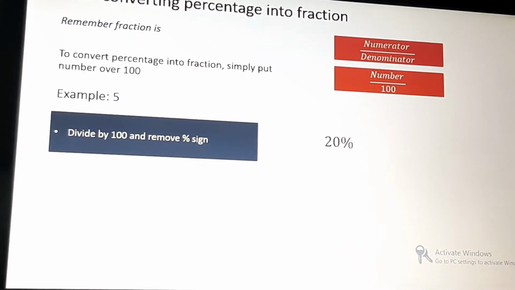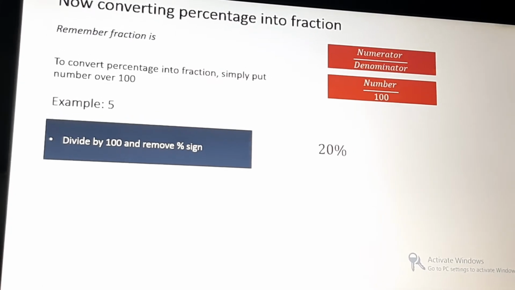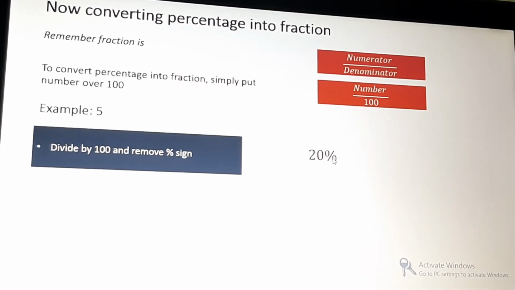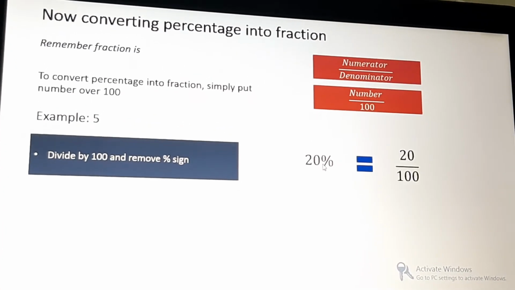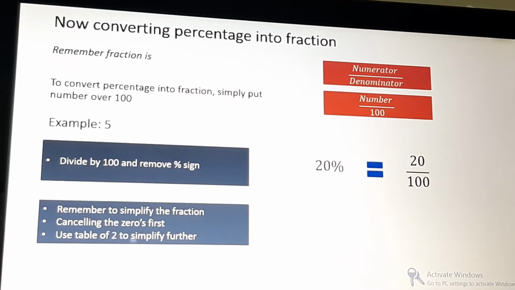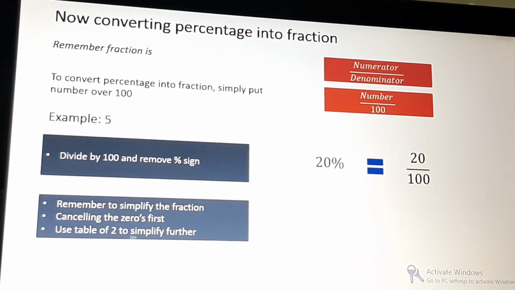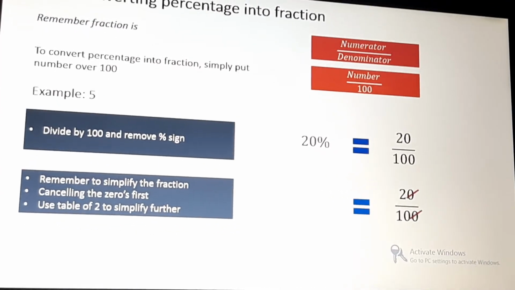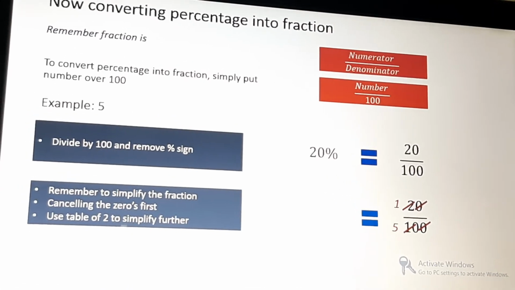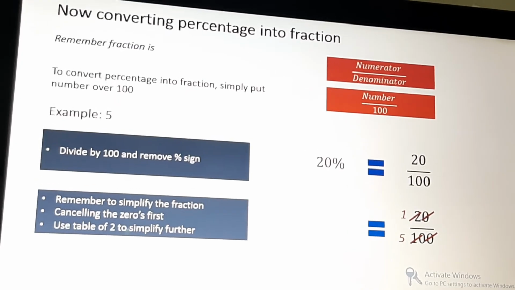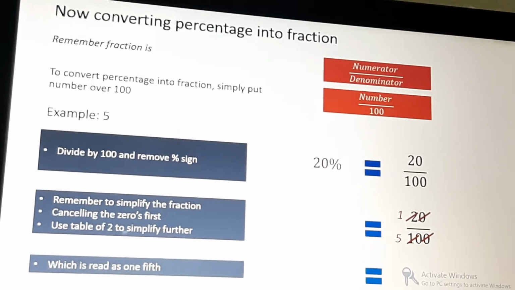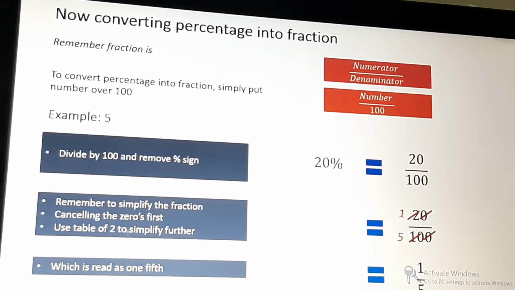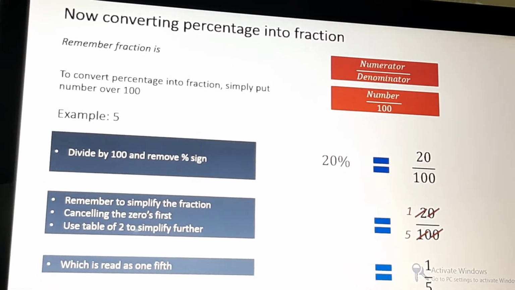What we will be doing to convert it into fraction, we will remove this percentage sign and we will put it over 100 like this. And remember to simplify the fraction. First, we will be cancelling the zeros, and then we will be using the table of 2 to further cancel it, and we are left with 1/5. So 20% means 1/5.